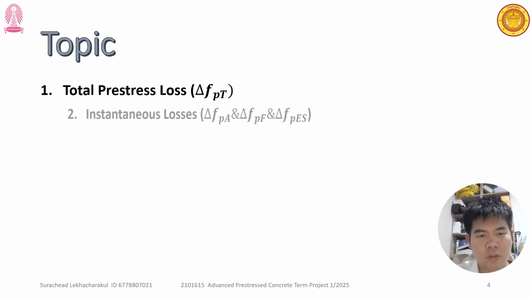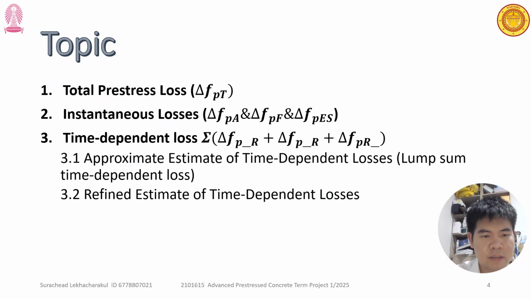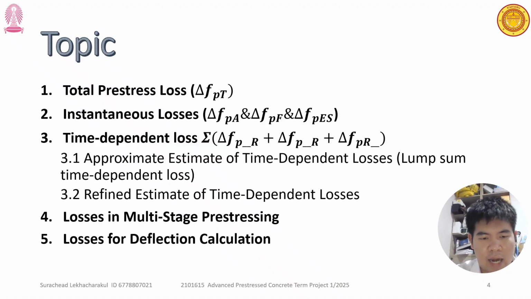Okay, the topics are total loss, instantaneous loss, and time-dependent loss, with the approximate in 3.1 and refined in 3.2, loss in multi-stage prestressing, and loss for the deflection calculation.